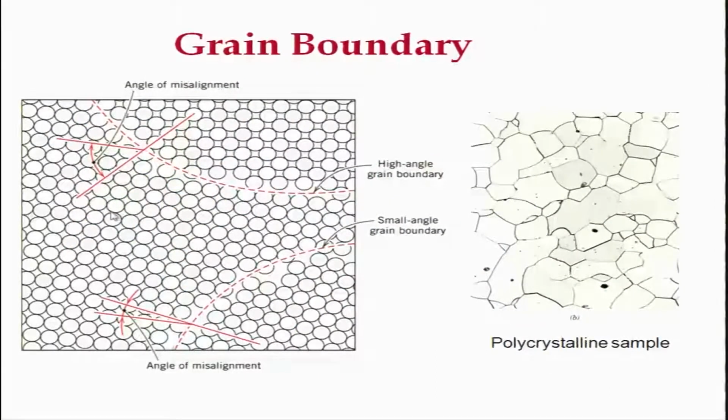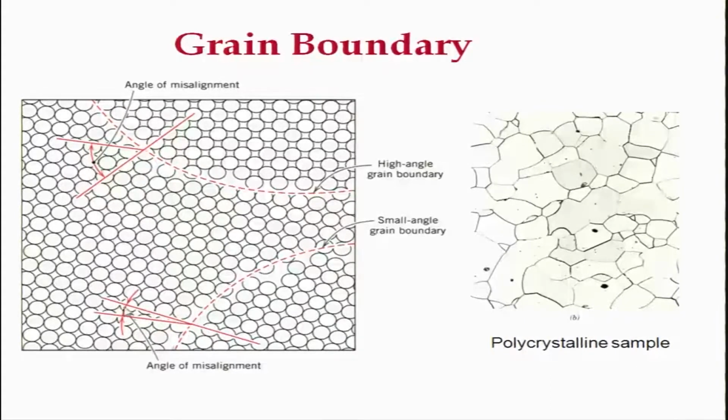Here this is one region in which all the atoms are arranged in one manner, this is another region in which atoms are arranged in another manner, and this is another region. So, if this is the close packed direction within this grain, and this is the direction within this grain, and if I calculate the angle between the two, I get the angle of misorientation.